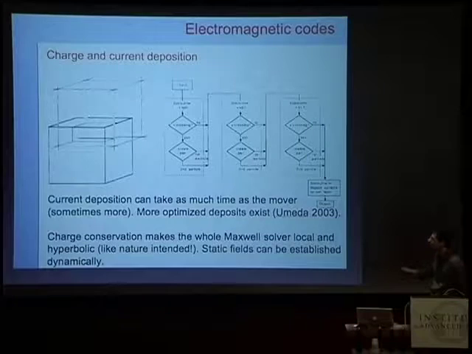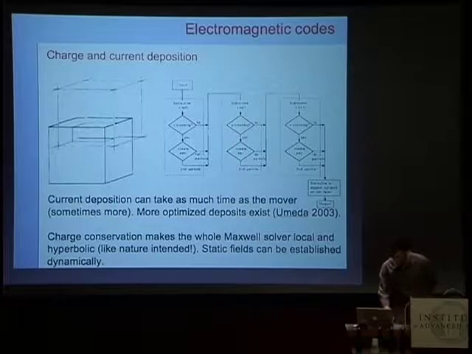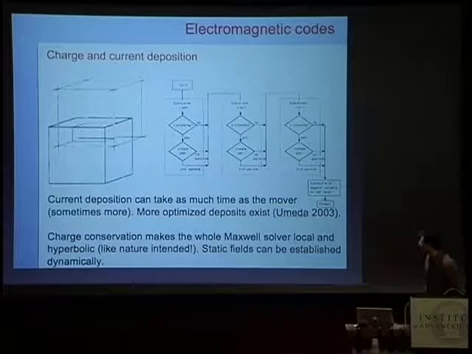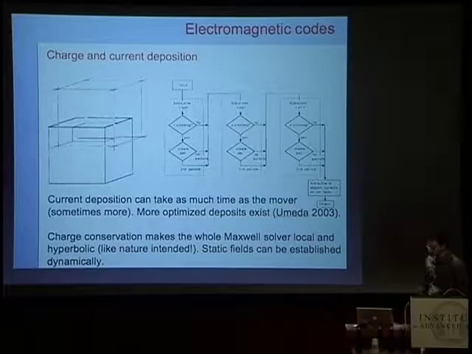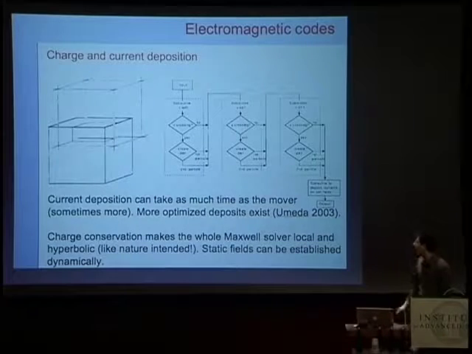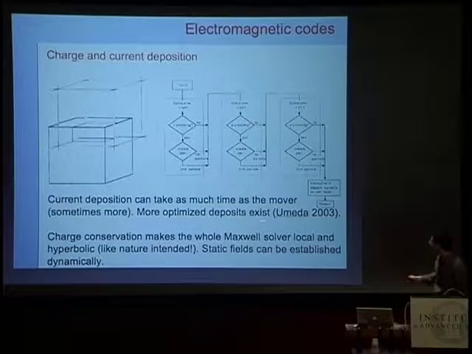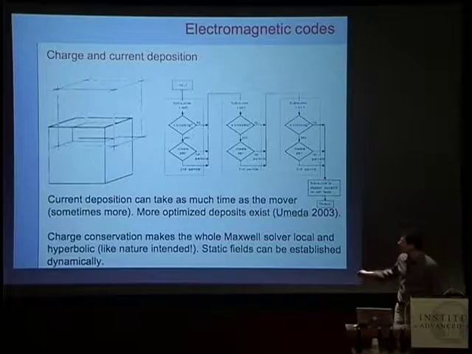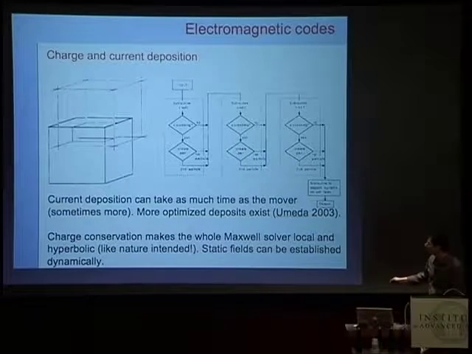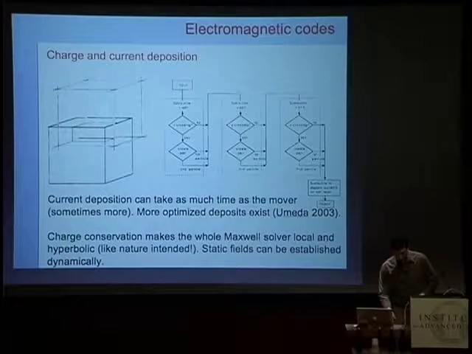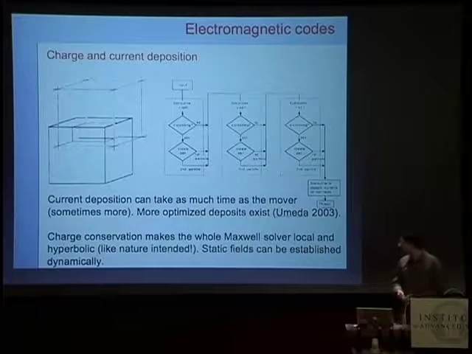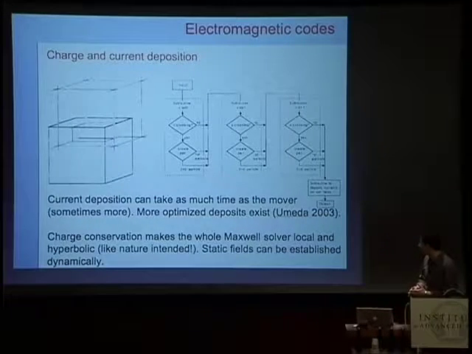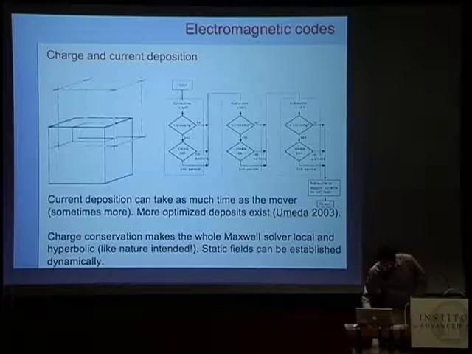Sometimes it can go through 3 cells at the same time, even in one time step, if it cuts the corner. So you have to be a little bit careful. There are now fairly standard methods. One is by Villasenor and Buneman, and another more optimized method by Umeda in 2003, which works quite well. So you can deposit the current in such a way that the charge is actually conserved.